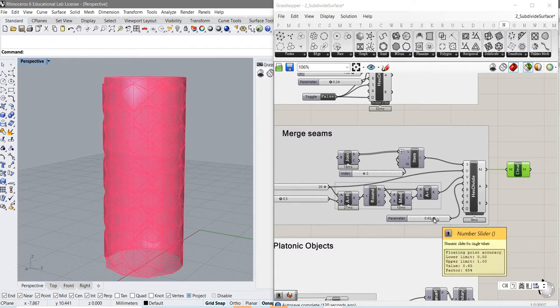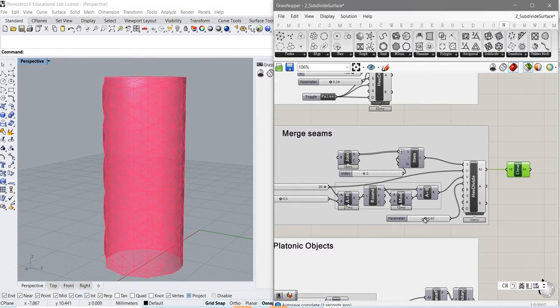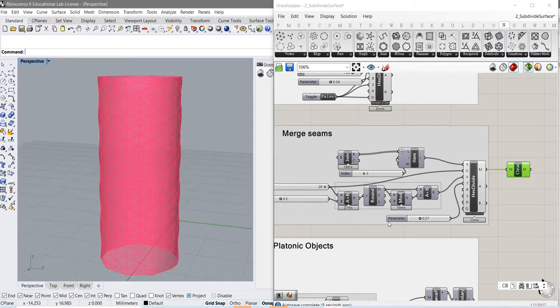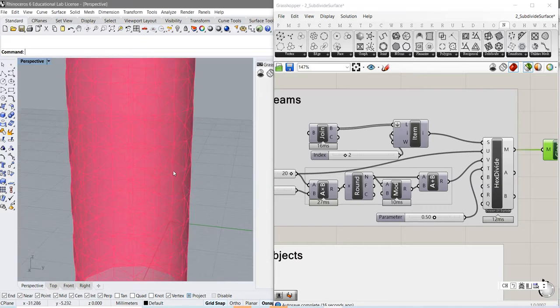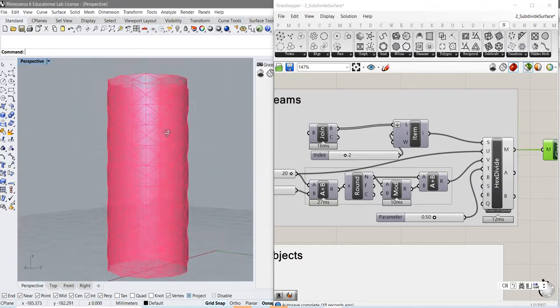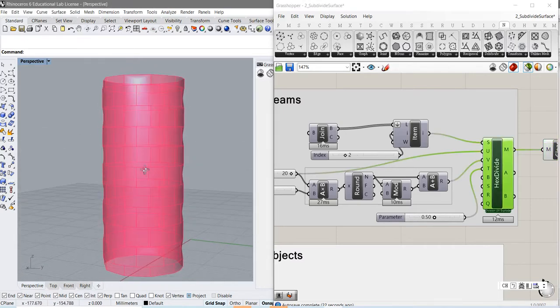If we change this parameter to be smaller, still indented. Even if we use 0.5 exactly, it is still indented, because these rectangles are zigzagged.